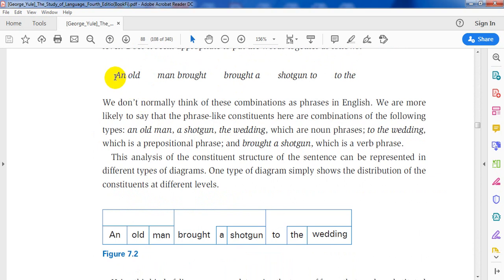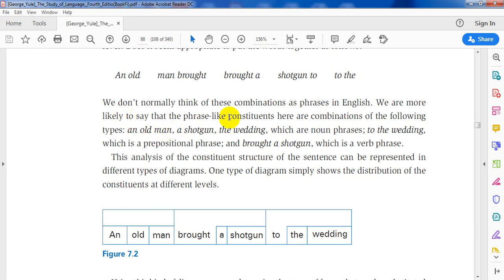As we can see here, the sentence is composed of phrases. For example, here we have an old man, a shotgun, the wedding. These are noun phrases. We have to the wedding, which is a prepositional phrase. And brought a shotgun, this is the verb, so this is a verb phrase.